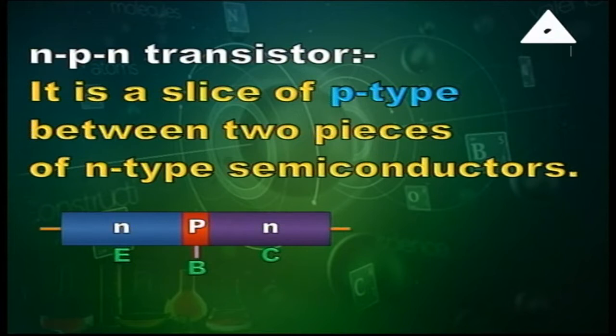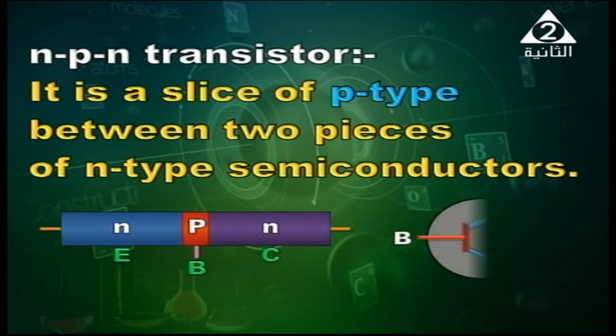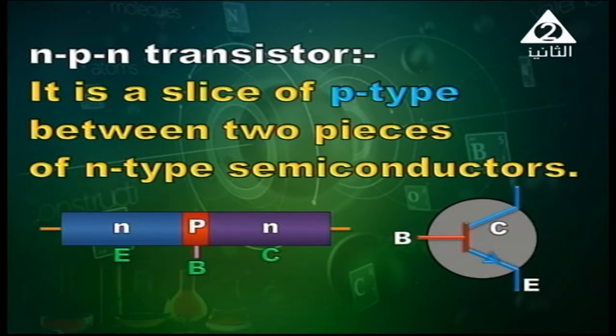What about the electronic symbol? It is given in a circle, and pay attention to the direction of the arrow on the figure.